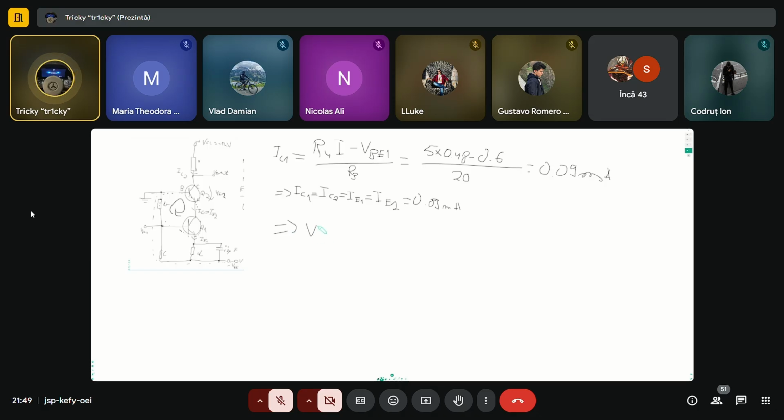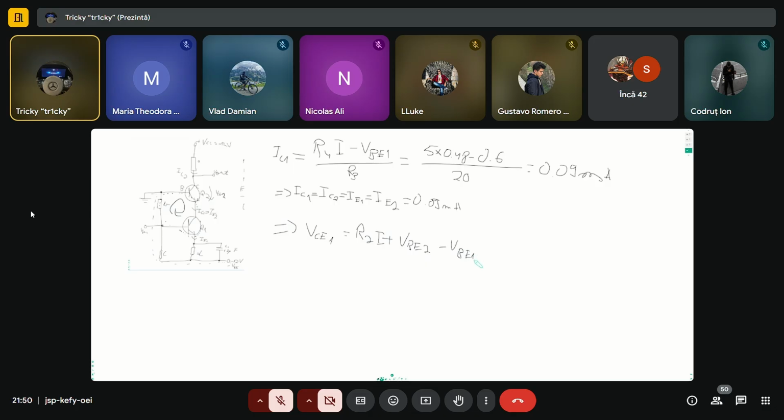It's going to be equal to VCE1 is equal to R2 I. I think resistor B was R2, plus VBE2 minus VBE1.